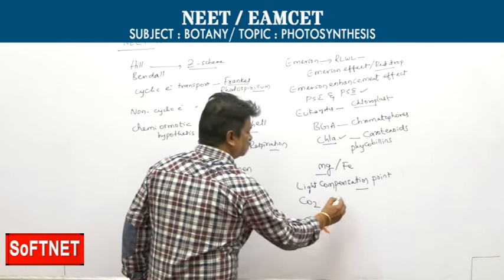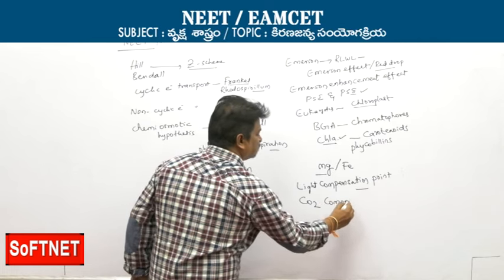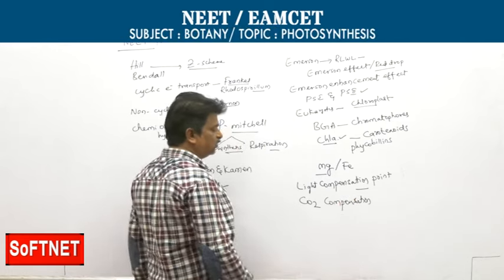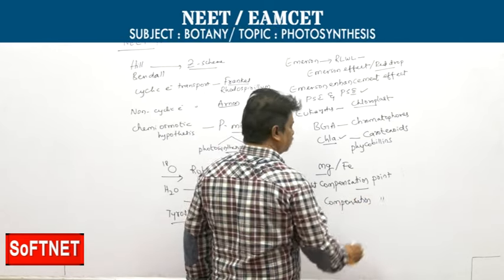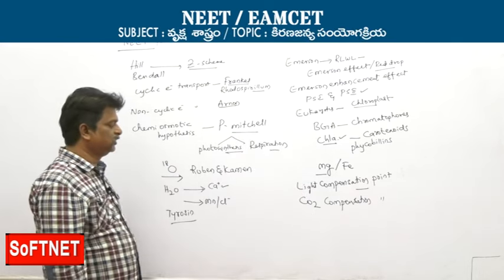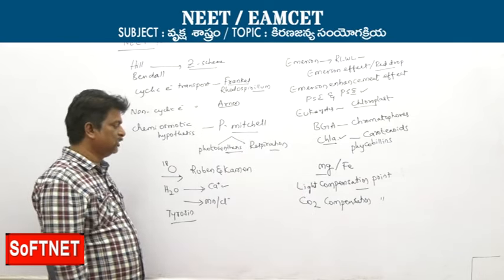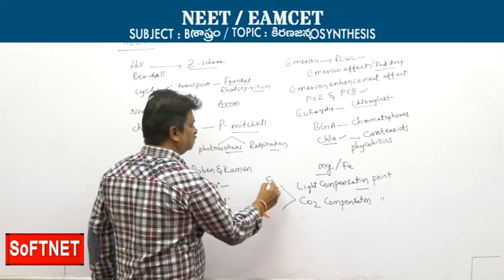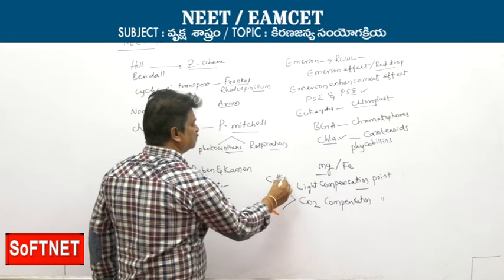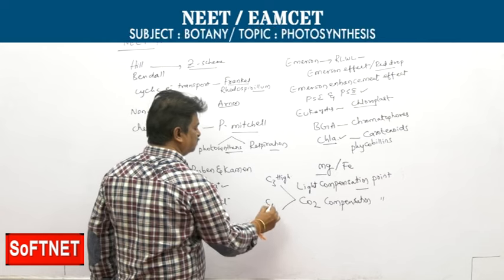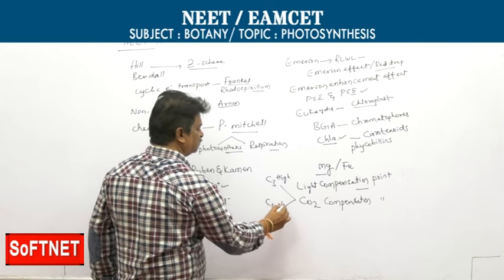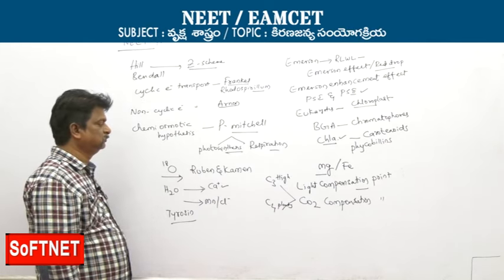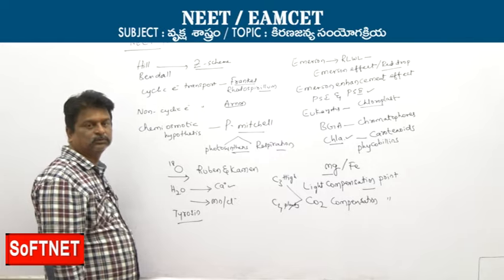The next one, carbon dioxide compensation point, is the point at which photosynthesis just compensates respiration. Generally, C3 plants show high compensation point and C4 plants negligible or almost absent.